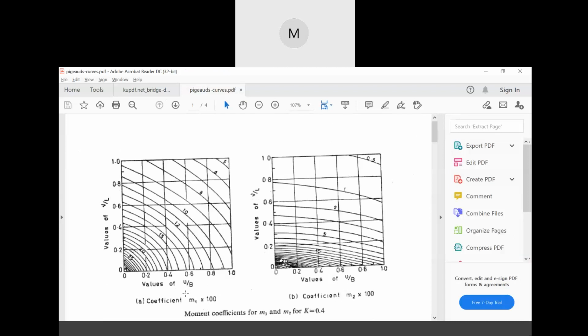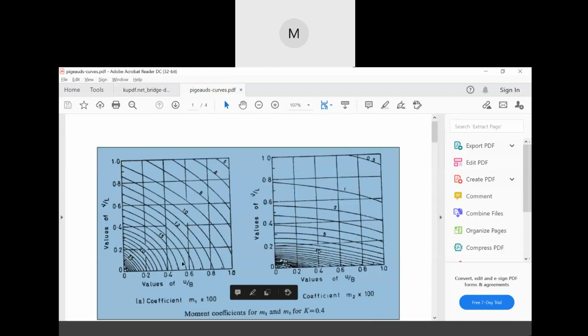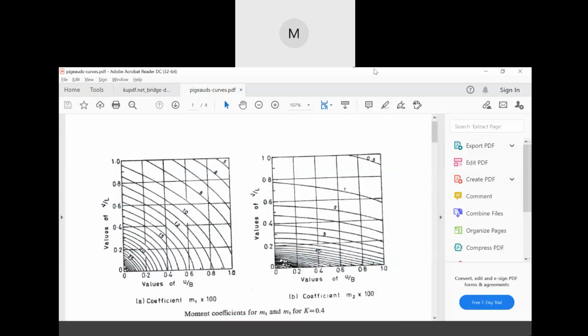Now how will it be m1? Here they are interpolating and finding it out as 13.8. If you see here, it is m1 into 100 equal to 13.8.